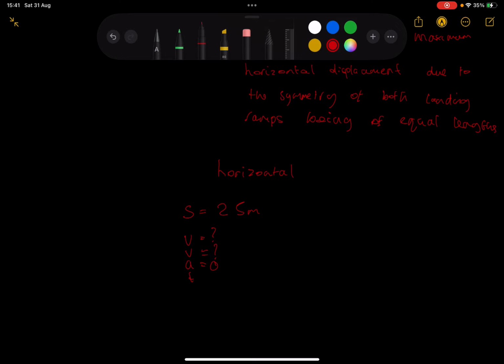Acceleration is 0, because acting on a horizontal plane, we assume that gravity doesn't act upon it, since gravity is a vertical vector and we're dealing with horizontal.